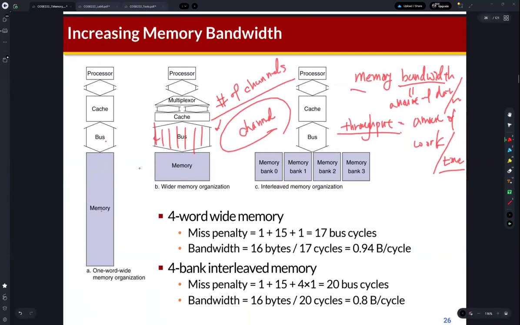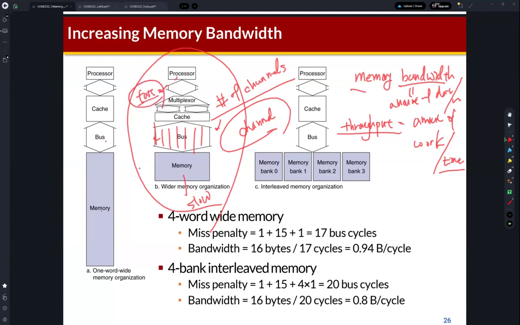So what's the problem? We want to build a system like this, but in order to build a system like this, the cost is very high. So the cost is also very critical, right? But the idea is that this memory is slow and this is fast, but we want to increase the performance. So think about the real world.